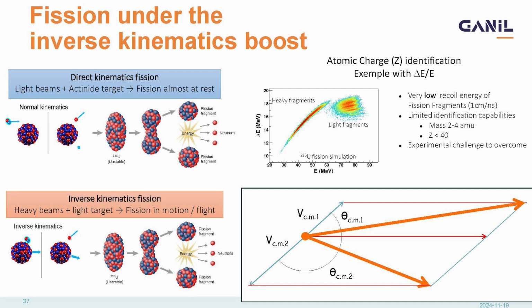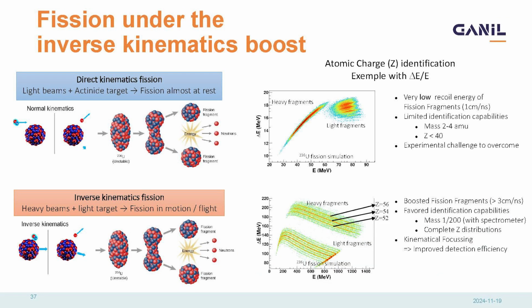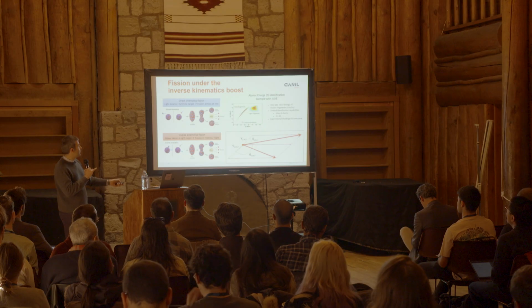And then you can get a better identification, or even an excellent identification if you go really fast. This is typically what you get if you go to Coulomb-barrier energies, and this will be one of the two cases I will discuss. And you can even go to relativistic energies, which I will also show. Here you go beyond 3 centimeters per nanosecond. Maybe I will allow myself to go back.